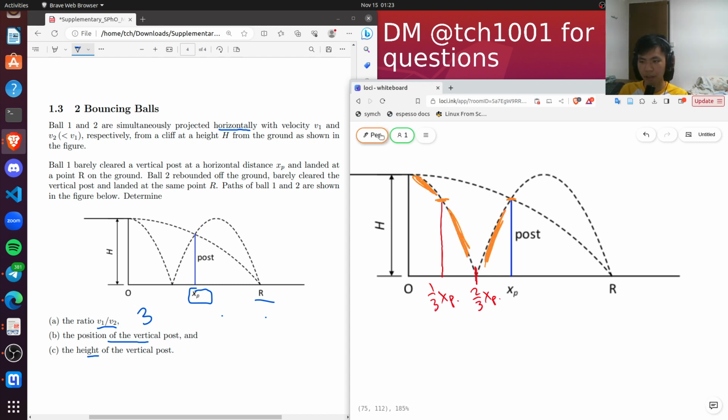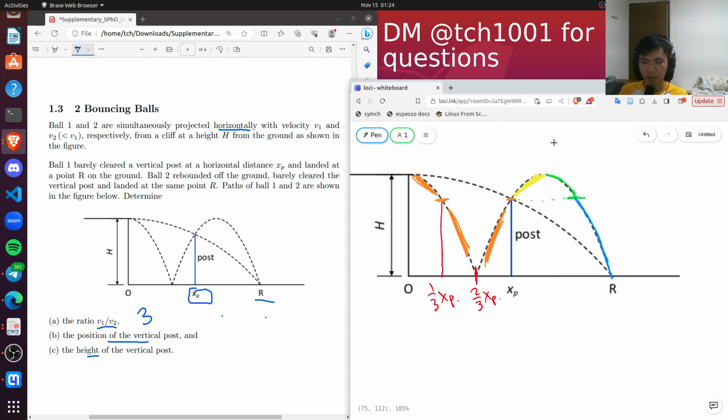The fourth one, which I'm going to highlight in a different color, is the yellow one, from the post to the peak. Then the fifth one is from the peak to the height of the post again. And the sixth one is from that height of the post down to the floor.